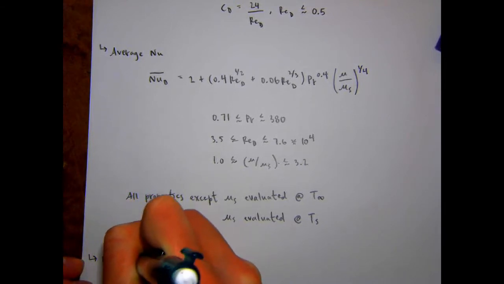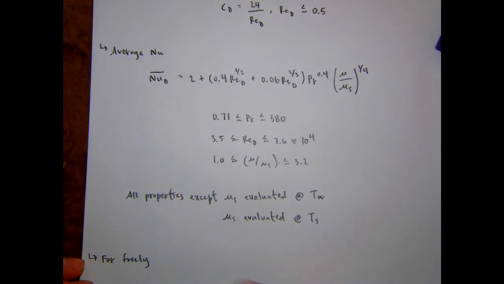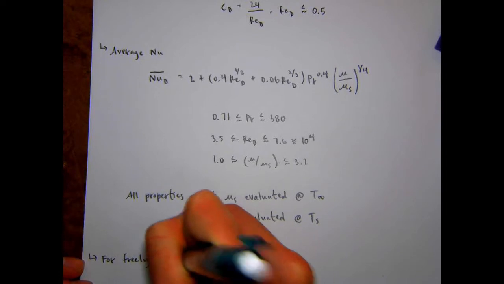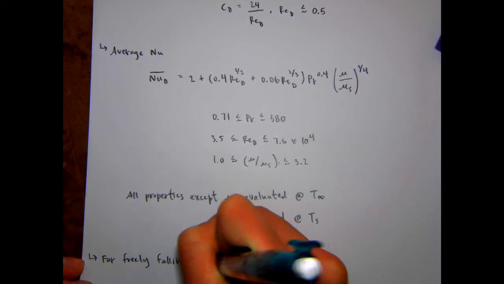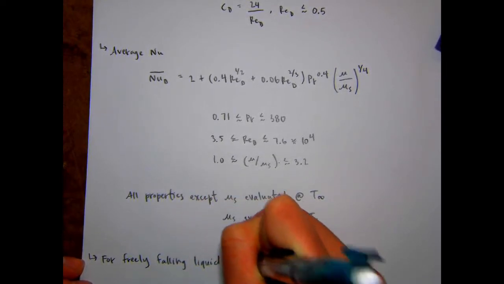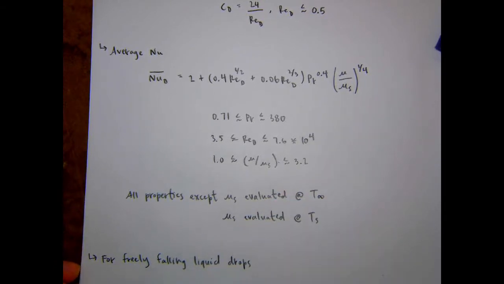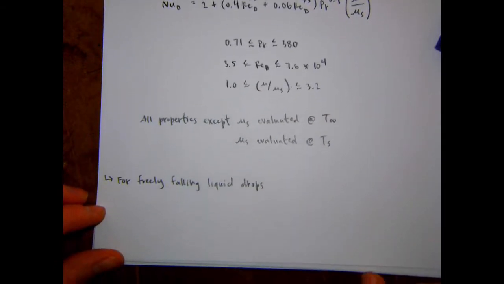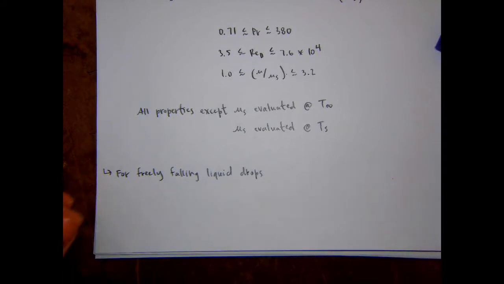So for freely falling liquid drops, again, you're going to have the same kind of dynamics where the sphere is passing through a fluid, and it's the exact same physics as if it was a stationary sphere with fluid flowing past it. It's a stationary medium with the sphere moving through the medium.